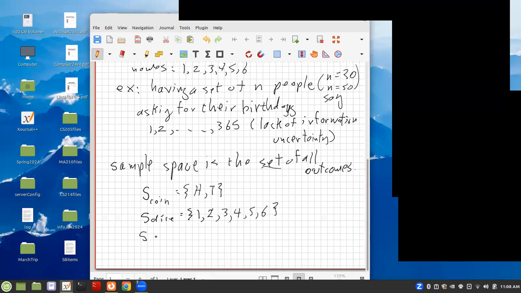And then the birthday problem for one person we could label with the numbers 1 through 365. So in fact, it's like a big dice with 365 sides.